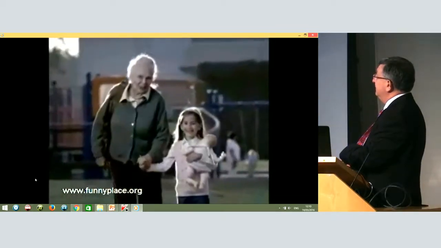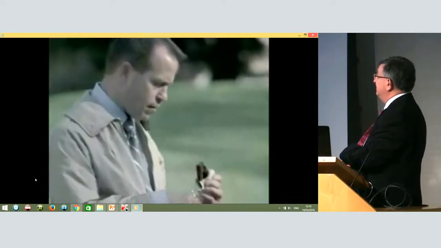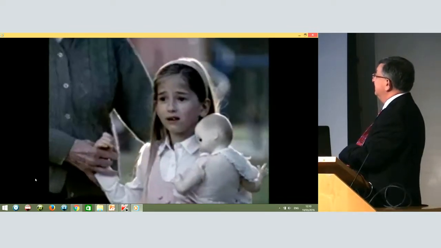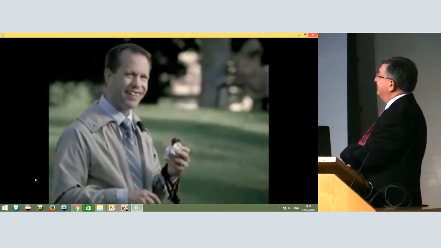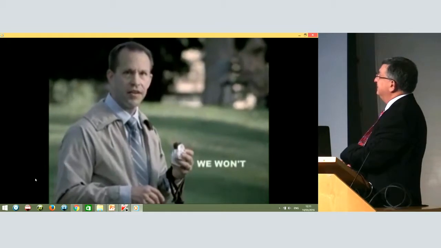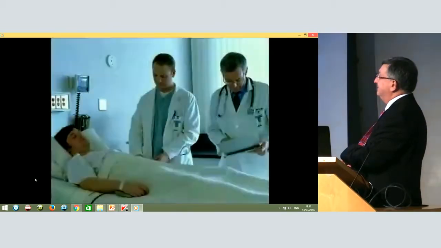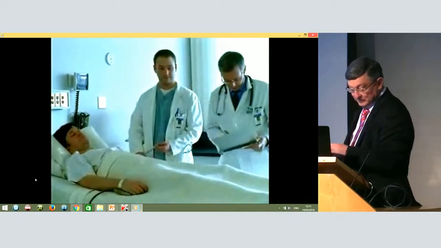Look at the cute dog. Patient has a fractured fibula. Given him, well, Saturday.